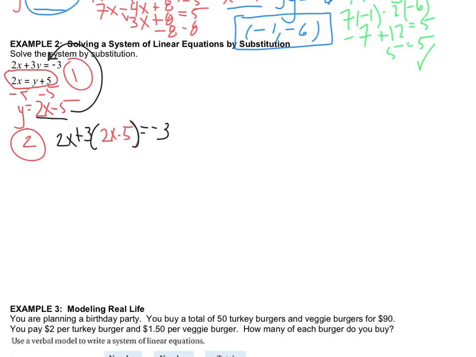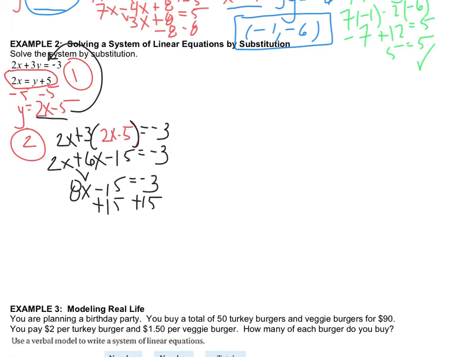Now I just have x's, so I can then do my distributive property. Combine my like terms. Add 15. Divide by 8. And I get 3/2 or 1.5.